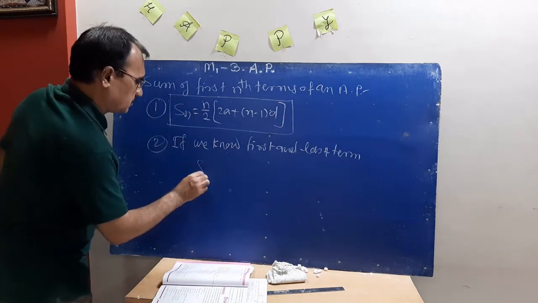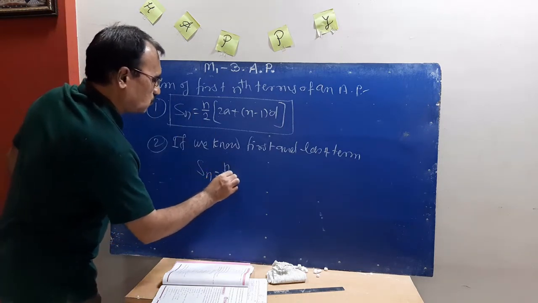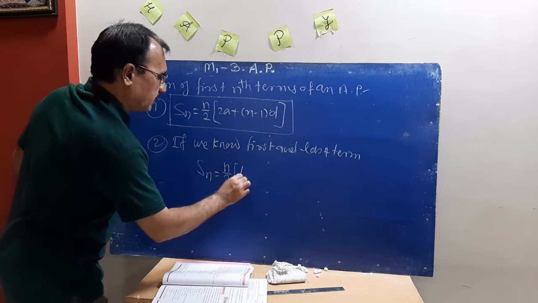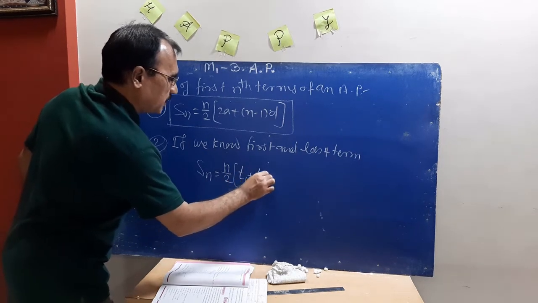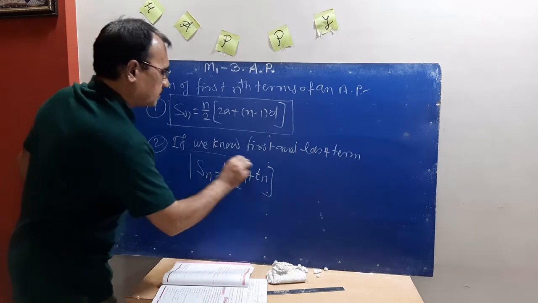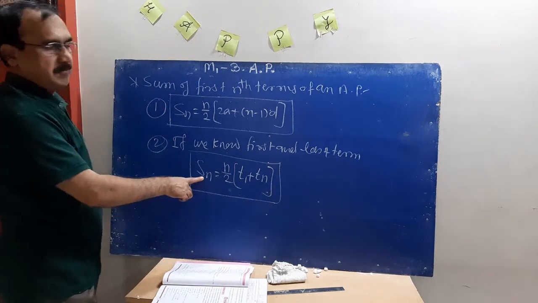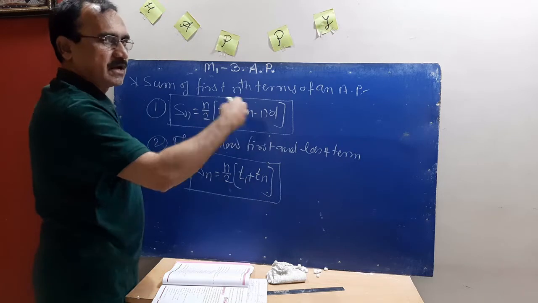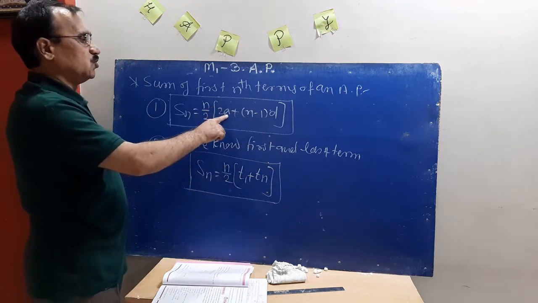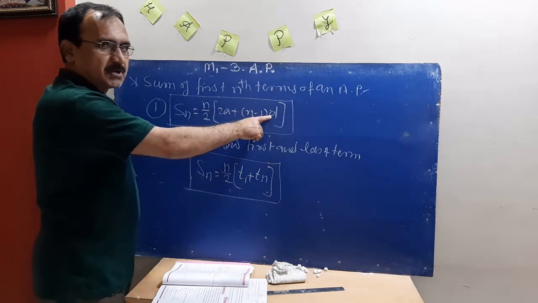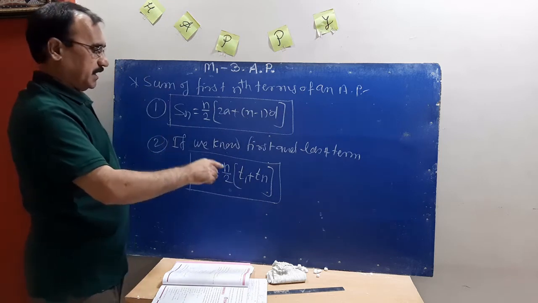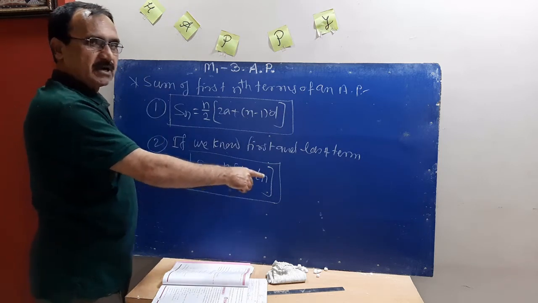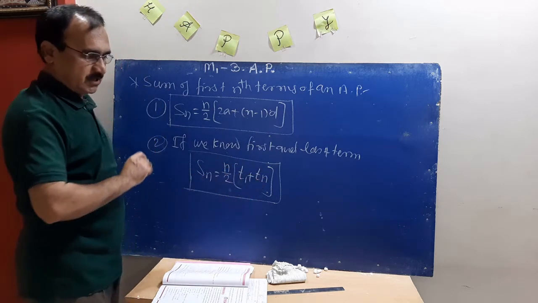Very simple: Sn is equal to n by 2 in bracket t1 plus tn. Same meaning: t1 is the first term and tn is the last term. If we know the first term and common difference, we can use the first formula. And if we know the first term and last term, we can use this formula.